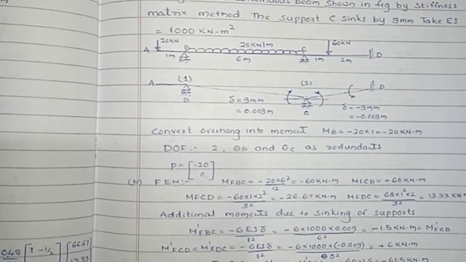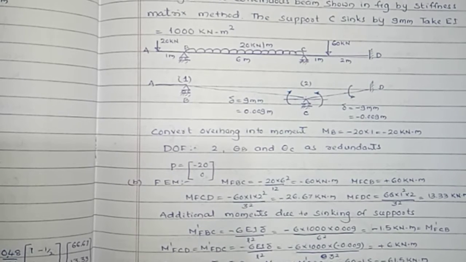First we have to find the settlement in each support, the effect of the settlement of C on different spans. Here there will be no change in the position of B. By observing this diagram, the support C sinks by 9 mm.